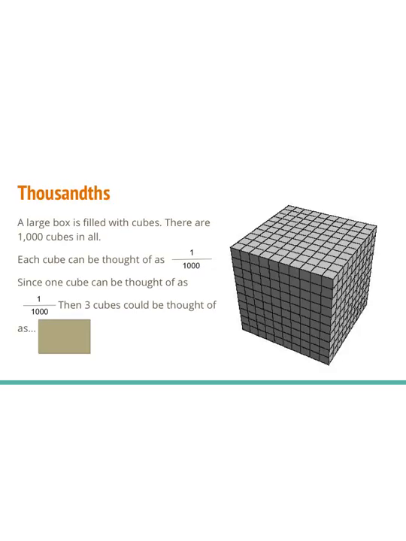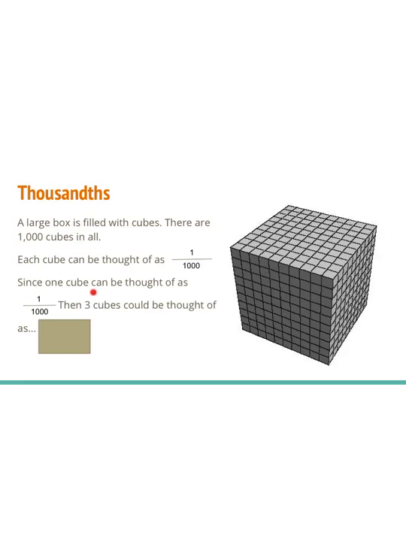When we're thinking about thousandths, we want to pretend that we're envisioning this cube. On a cube, each side has 100 in it, and then there are 10 layers of 100 cubes in each. So altogether, there's 1,000. That's why we say thousandths. So each cube can be thought of as 1 over 1,000 as a fraction.